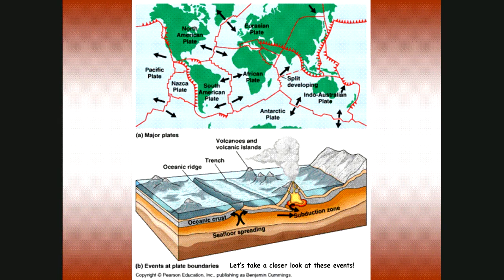Does that mean they always have moved in the same direction they're moving today? No, not necessarily. But the directions the plates move in reference to one another does a lot for what's going on at the surface of the earth. Let's take a look at that, okay?